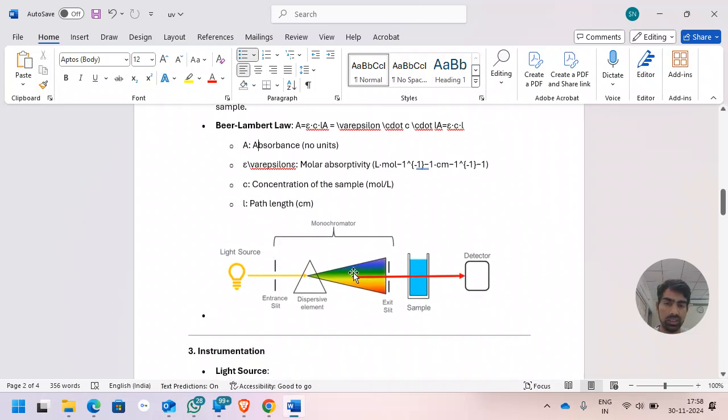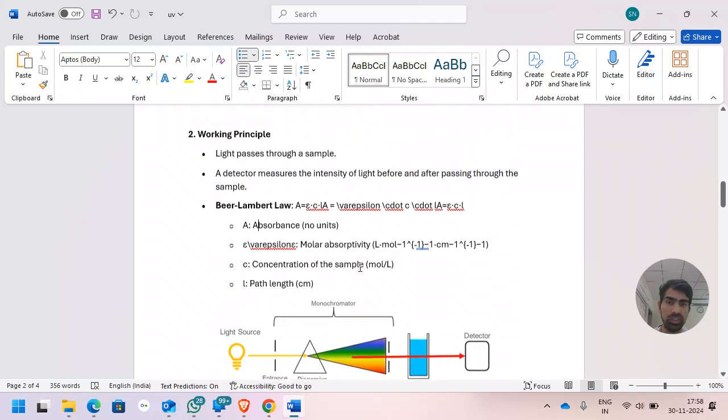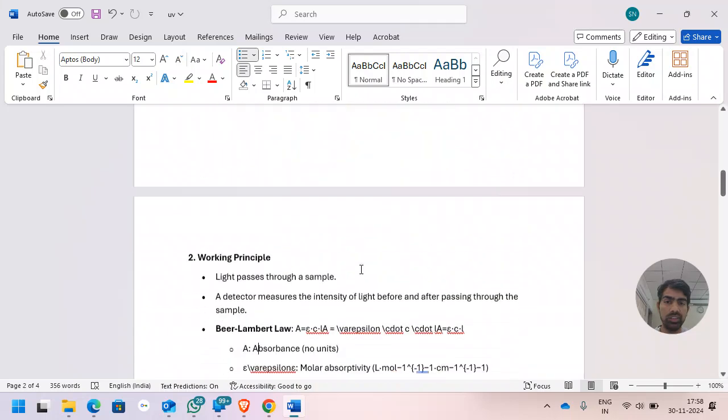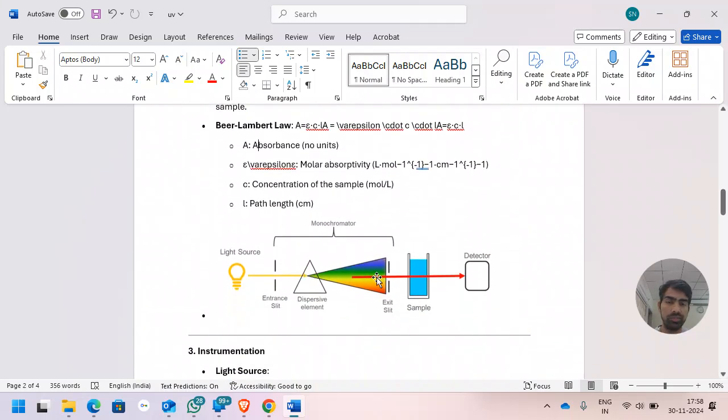Here our range is 200 to 800, but for different solutions, we sense different wavelengths of light. For this we need different wavelengths, right?